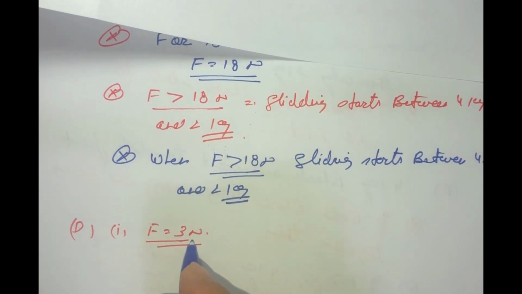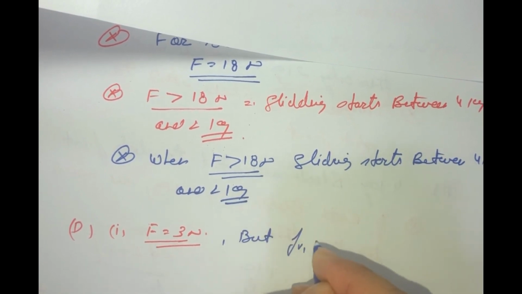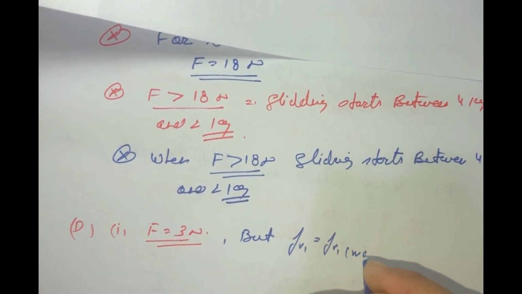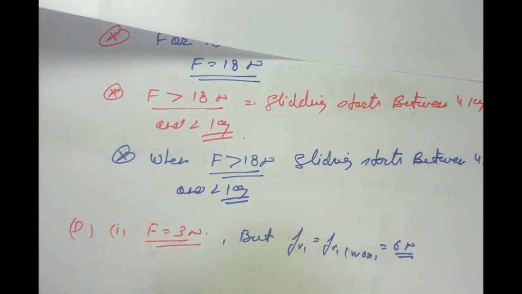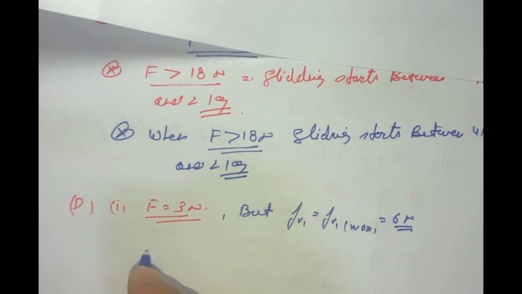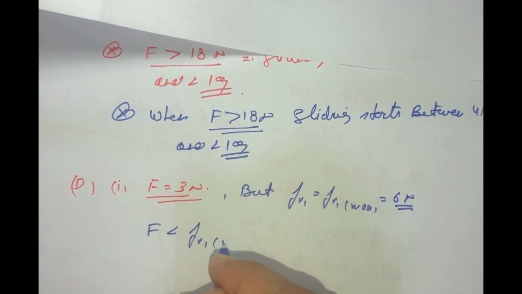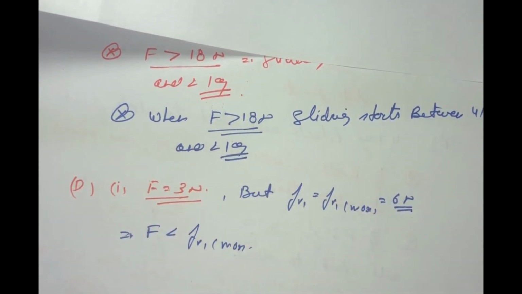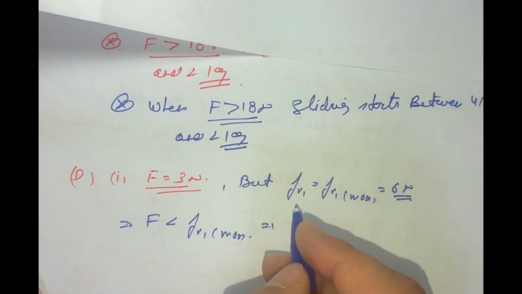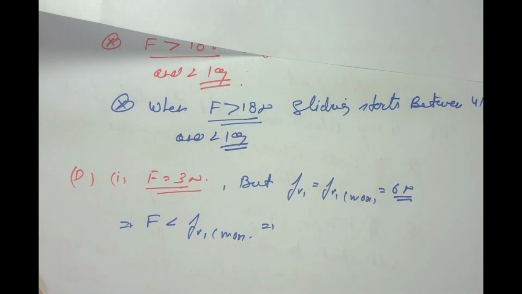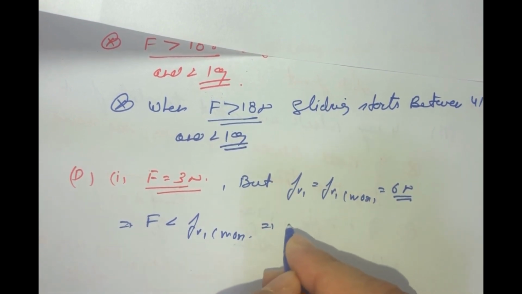So the applied force is 3 Newton, but Fr1, which is equal to Fr1 max, is 6 Newton. So from here we can say that applied force F is less than Fr1 max. So as long as applied force is less than the frictional force, the acceleration will be 0 basically.